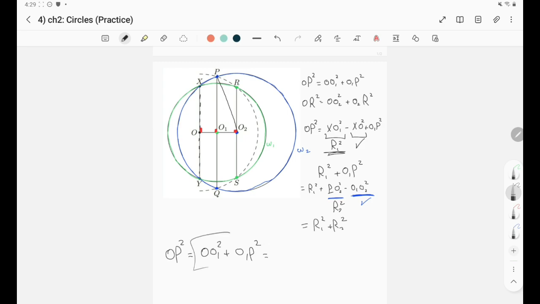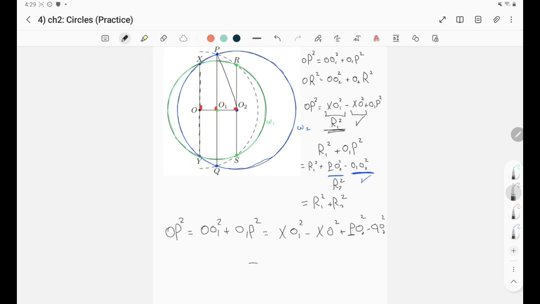I mean the first one, OO1 squared, is just going to be XO1 squared minus XO squared. And we're going to also break O1P. How did we break O1P? We just said it's PO2 squared minus O1O2 squared.